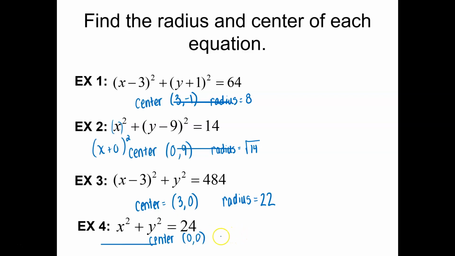And Connor, what's our radius? What? What'd you say? It will simplify, but square root of 24 is okay. That will break down into 4 times 6. So you might see it as 2 root 6.